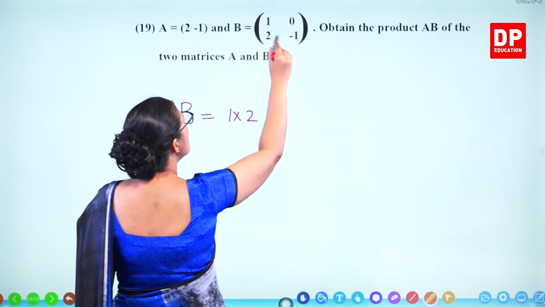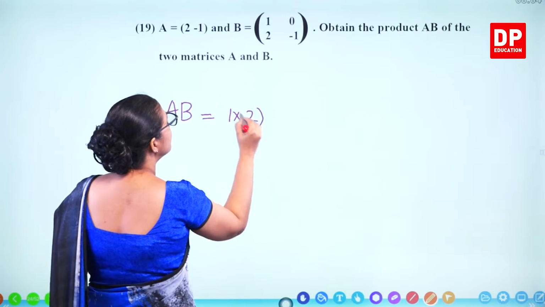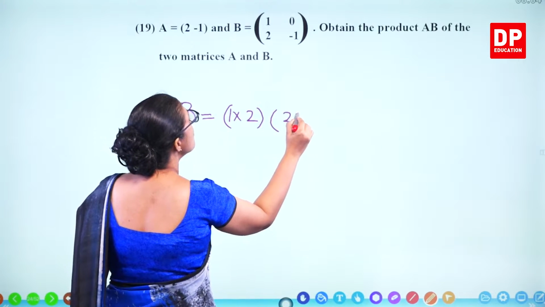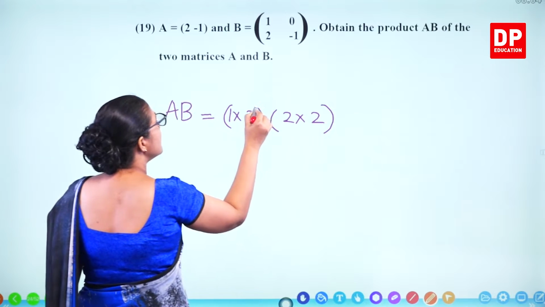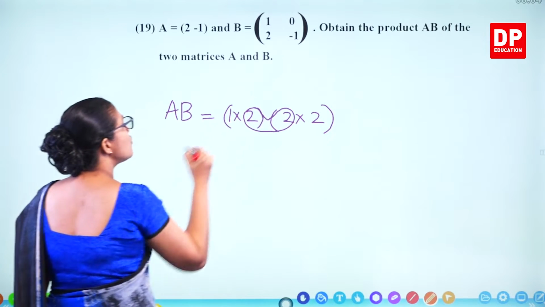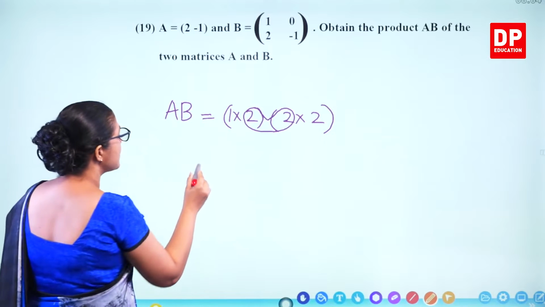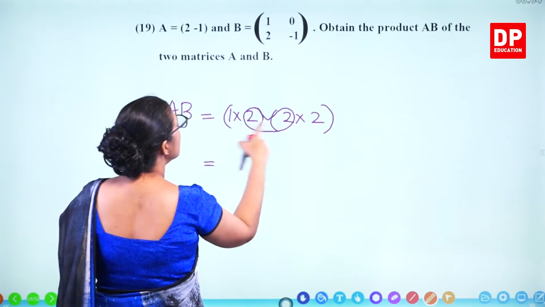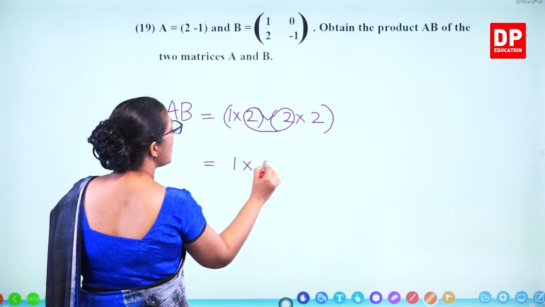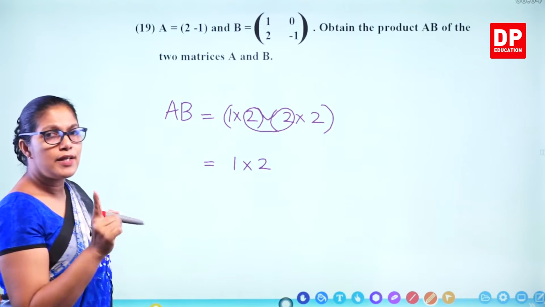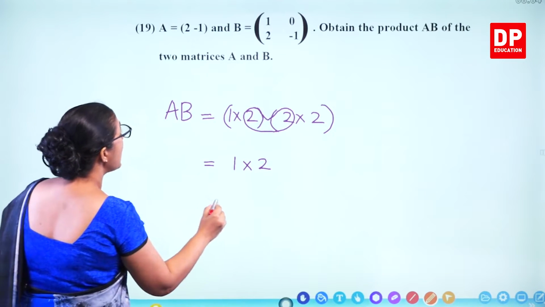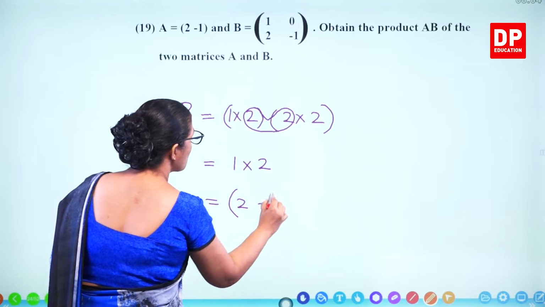B, 2 rows and 2 columns, 2 into 2. Here these two numbers are equal, means you can multiply. And what's the size of the matrix you are getting? 1 times 2. 1 row and 2 columns. So we multiply now. 2 minus 1.